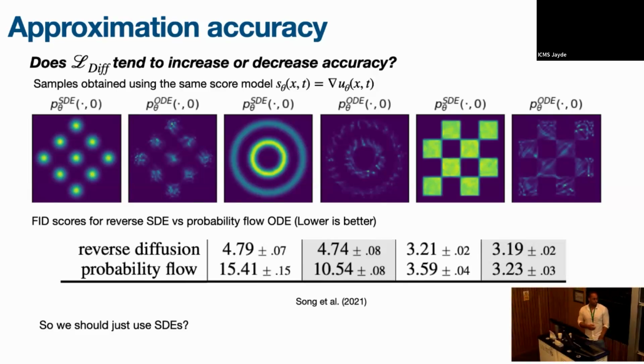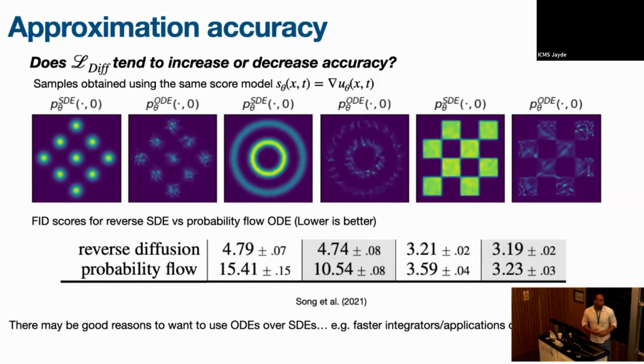In most cases, the answer might just be yes, but sometimes there are good reasons to want an ODE. For example, if speed is a concern, you might have faster optimized integrators for ODEs than you have for SDEs. And there are some applications of this deterministic method. Maybe you want to interpolate your latent, or solve an inverse problem. You need to be able to deterministically map from some latent value in the Gaussian distribution to a data point.